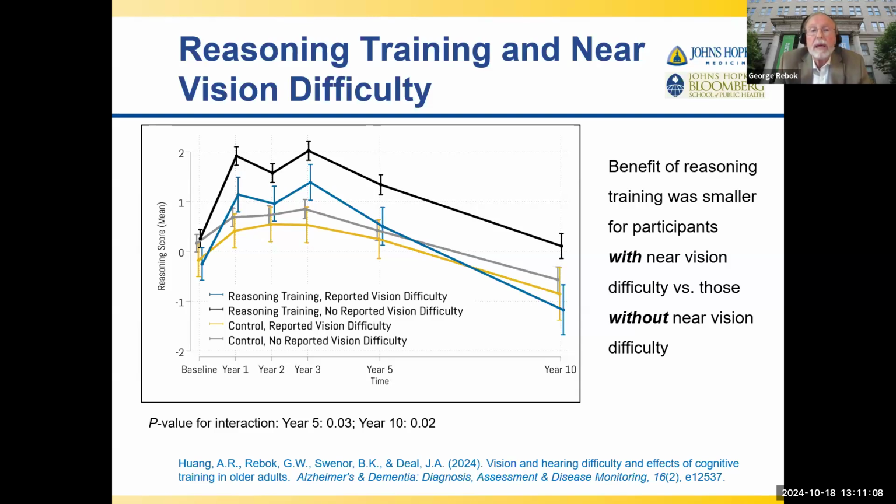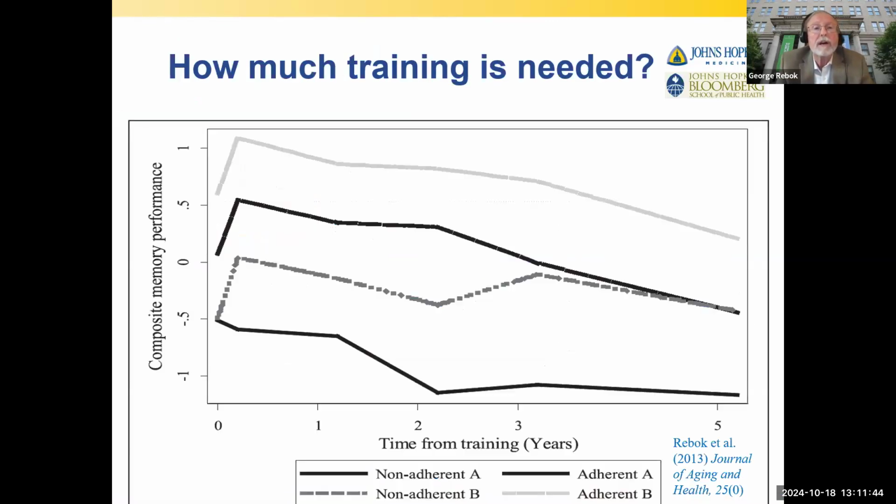And we looked at vision difficulty, near vision difficulty, self-reported. And here in the slide, you see that the benefit of reasoning training was smaller for participants with near vision difficulty versus those without near vision difficulty. Vision is a factor that's recently been added as one of the risk factors in older age for dementia. So this is very important to study sensory loss in terms of training effects.